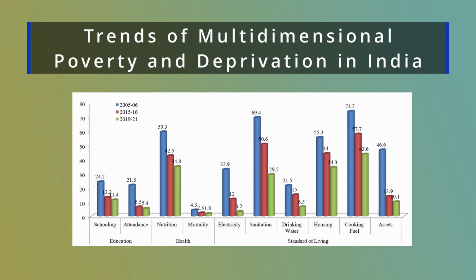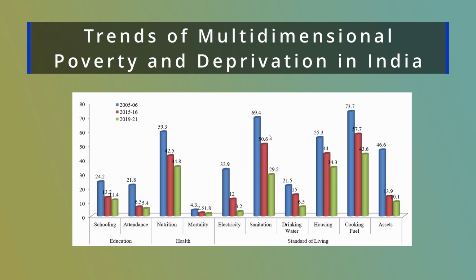That is, the percentage share of deprived people decreased in all the indicators during 2005-6 to 2019-21. In case of the asset dimension, it decreased from 46.6% to 10.1%. Whereas in case of cooking fuel, it also decreased from 73.7% to 43.6%.